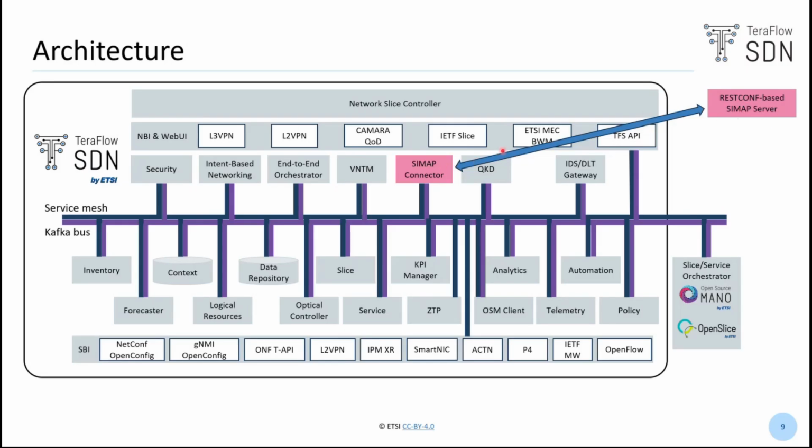Ideally, these two components become what in the simplified architecture is named the SIMAP module. Why do we have these two separate elements? This SIMAP connector is essentially the element that enables the Teraflow architecture to interface with SIMAP.